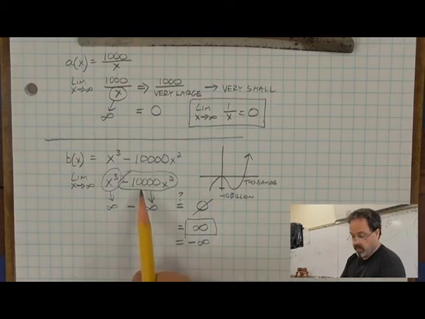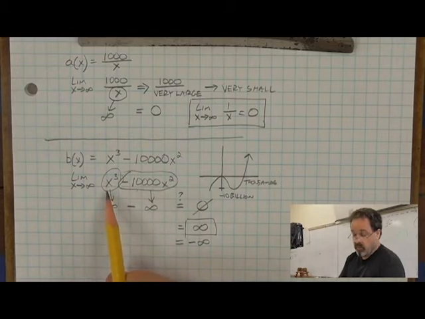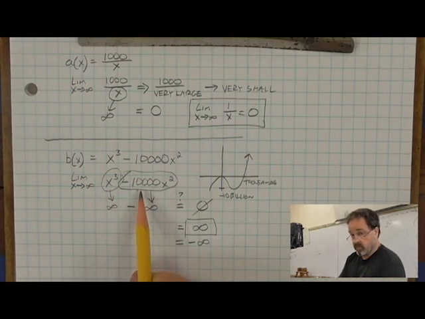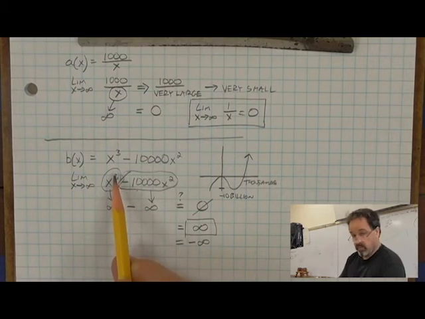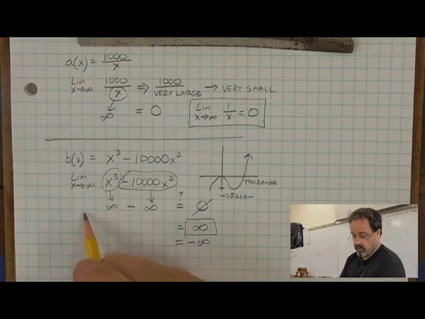And what do we mean by this term influencing this? These two terms you can think of as in a competition for which one is going to influence the final limit. And it's the cube that influences the other. We could say that this cube dominates.